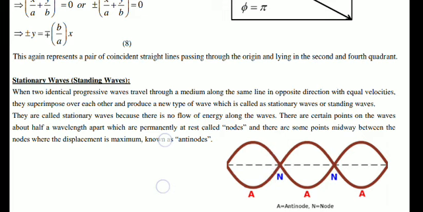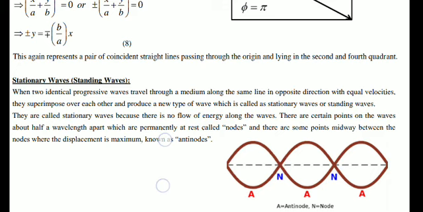In a standing wave there are certain positions, for example this position represented by a blue letter N, and this position also, at which particles in the medium do not vibrate at all. Such positions are called nodes.